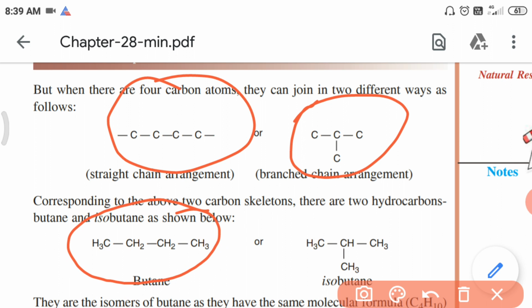The isobutane is like this: CH3, with one CH3 branched. The chemical formula is C4H10 for both butane and isobutane, but the structure is different.